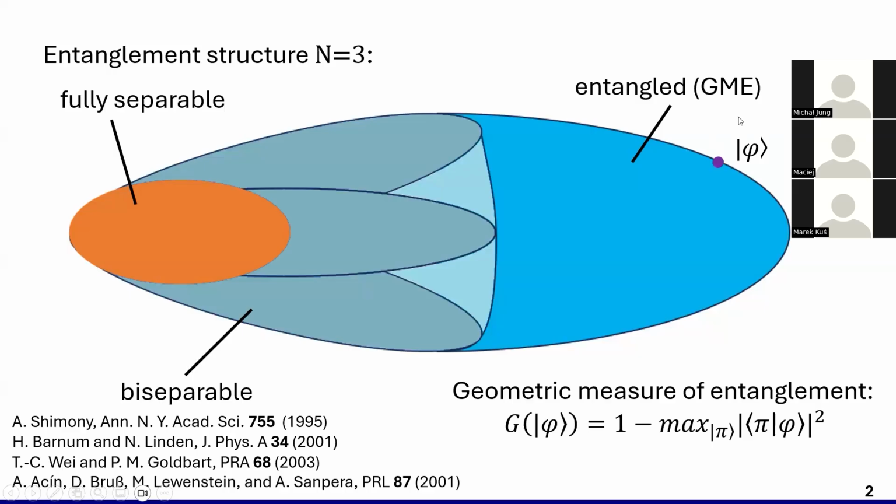So if we have some state psi and we want to know its geometric measure of entanglement, we have to find its closest pure product state pi, and then the distance is the geometric measure of entanglement. For example, this state phi prime, which is a biseparable state, is closer to the set of separable states, which means it is less entangled with respect to this measure.